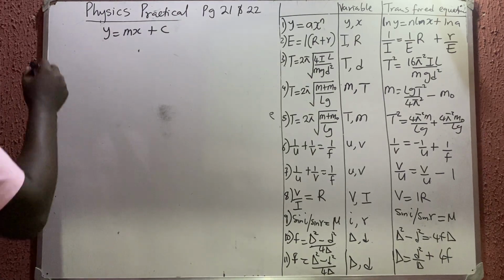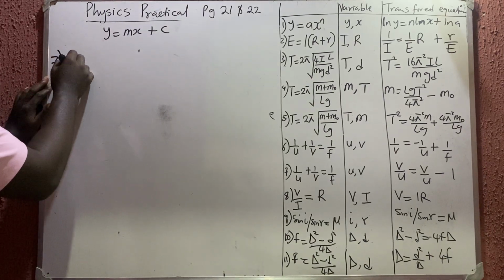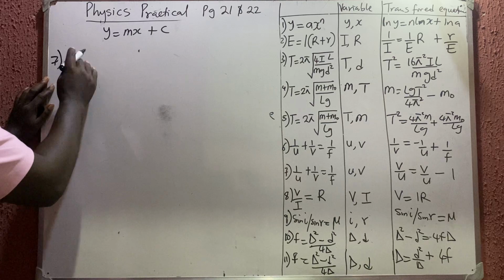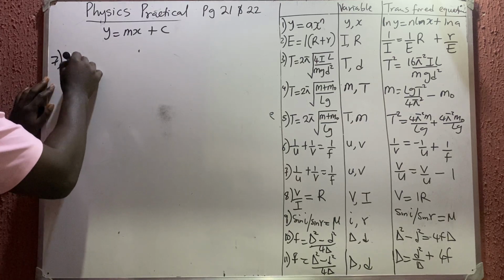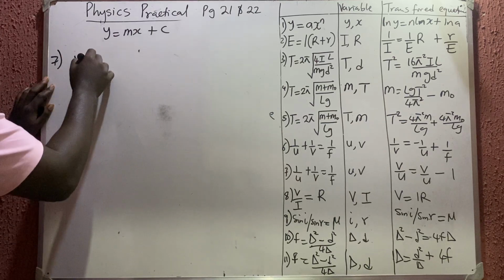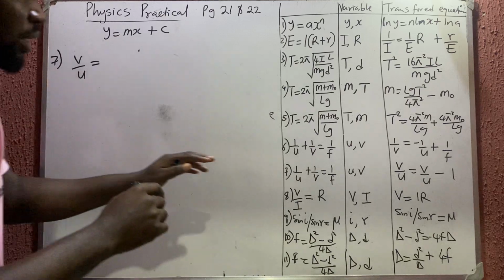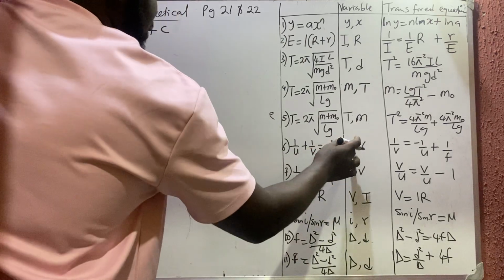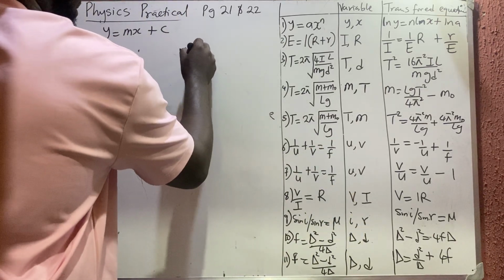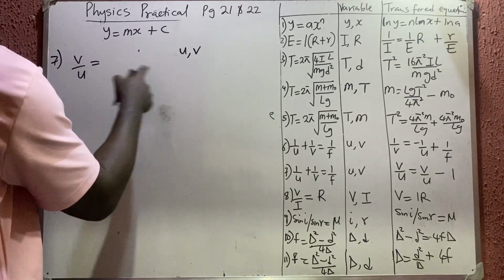So for question number 7, in the other one they gave us u comma v. And this one they're only giving us u comma v.